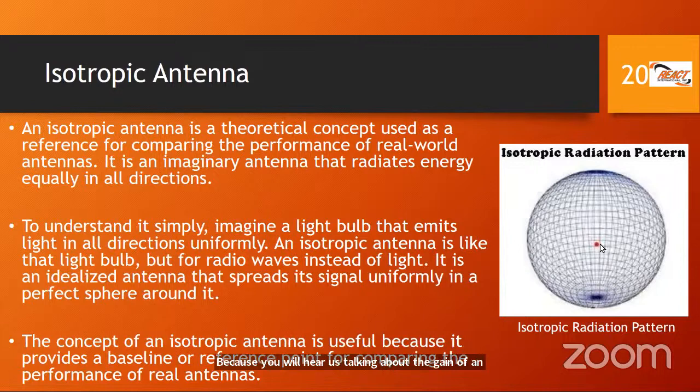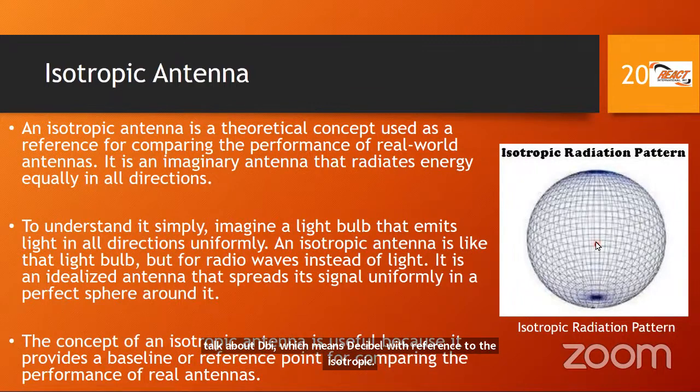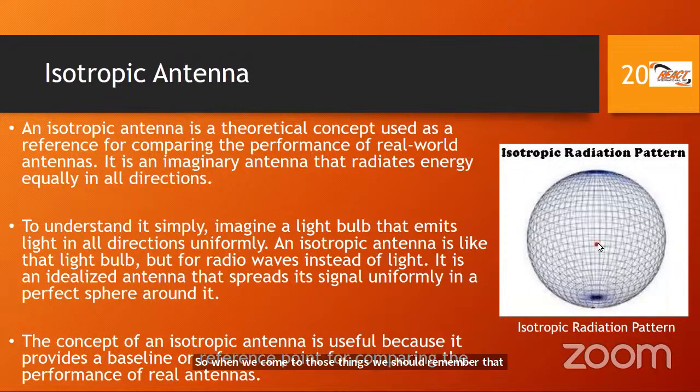We would have covered dB, decibel, in a previous class. And then you'll hear us talking about dBi, which means decibel with reference to the isotropic. So we need to know what the I is. I is isotropic. So when we come to those things, we should remember that we talked about the isotropic theoretical antenna. It doesn't actually exist.